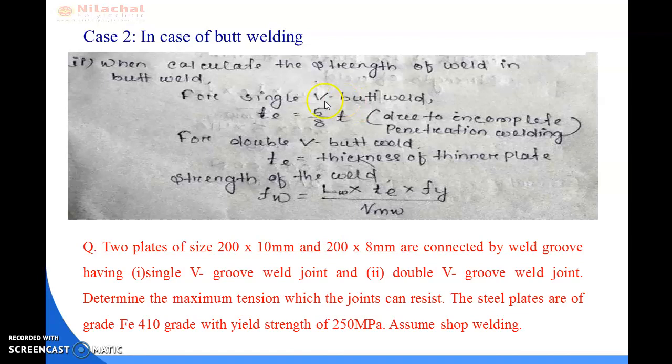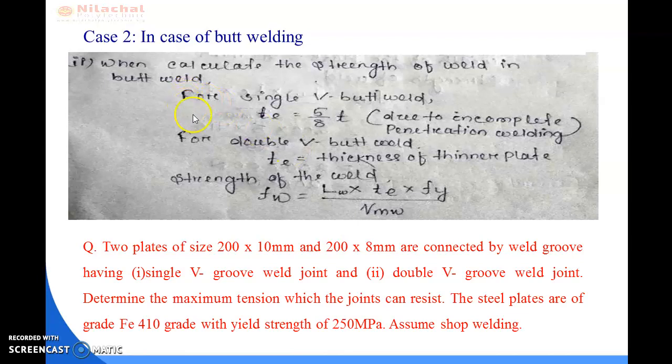The other is the double V-butt weld, which is a case of complete penetration welding, where the V-shaped weld connection is provided at the bottom side as well as the top side.